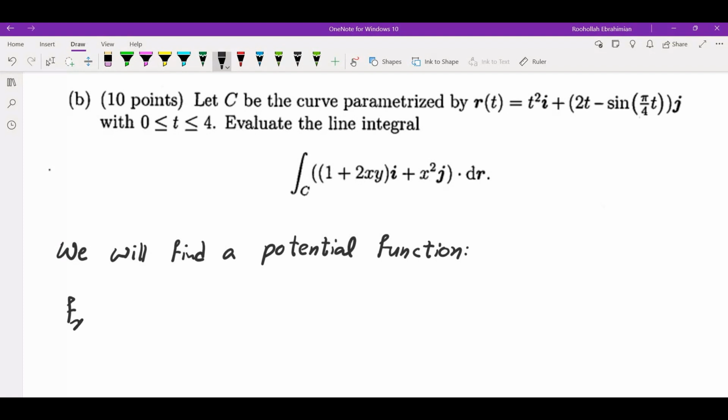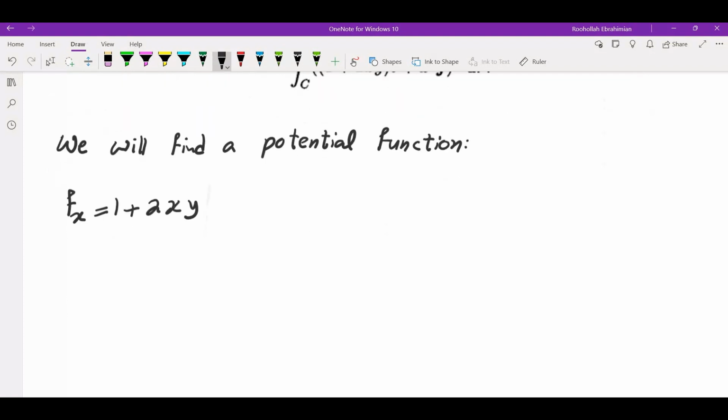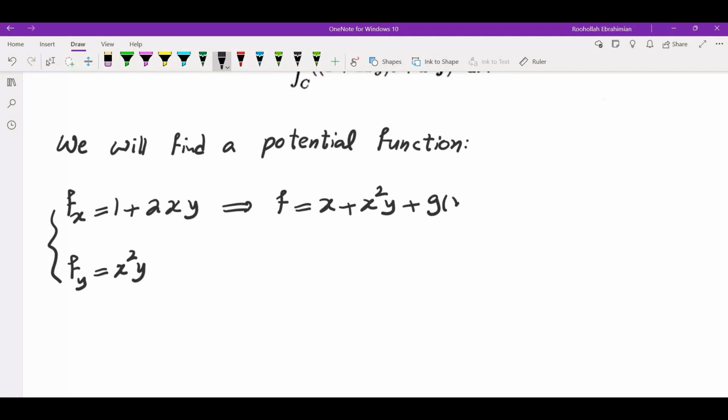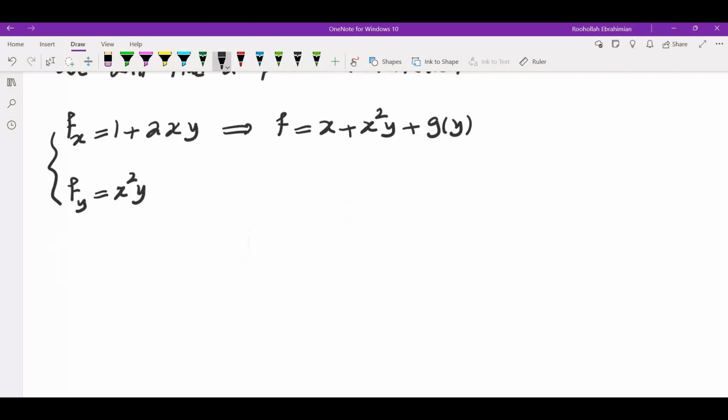So we have f sub x equals 1 plus 2xy. F sub y equals x squared y. This gives us f equals x plus x squared y plus g of y. Take the partial with respect to y, we get x squared plus g prime y.